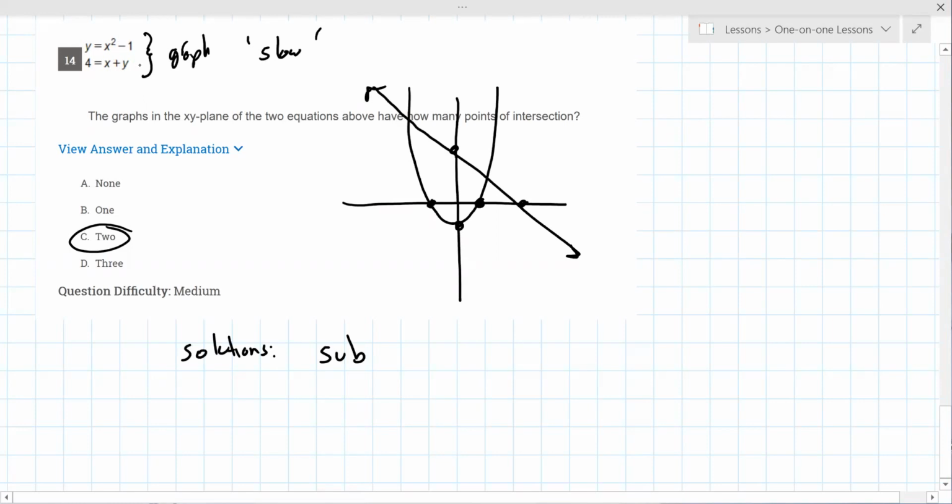For example, we can solve the second equation for y. y equals 4 minus x, and then you take that into the first equation. So you get 4 minus x equals x squared minus 1, and then you solve for that.